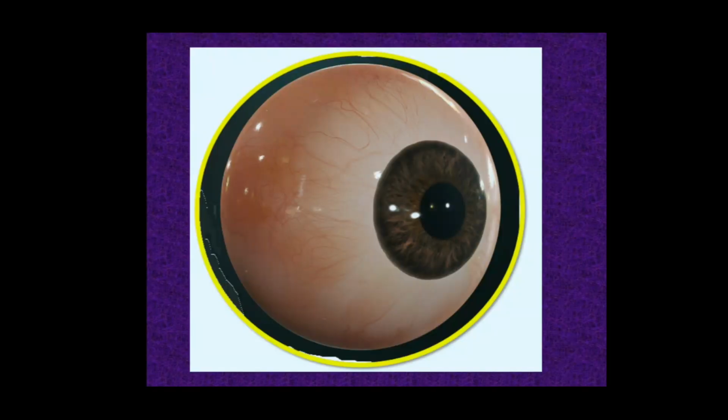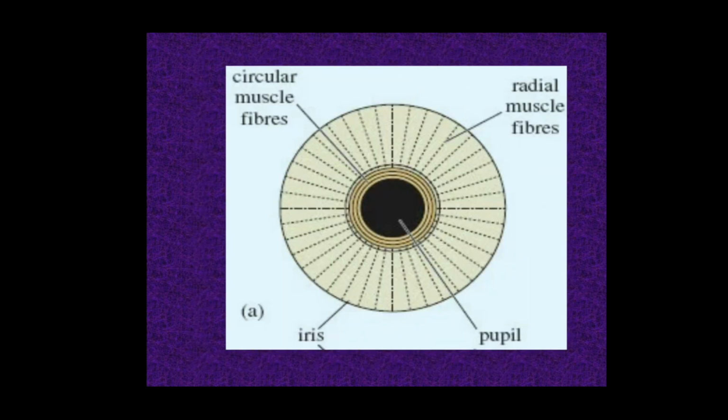This is the picture showing the position of the iris in our eye. It is composed of two types of muscles, circular muscles and radial muscles, and these muscles work hand in hand to regulate the size of the pupil. Pupil is actually an aperture, a small opening in the middle of the iris.